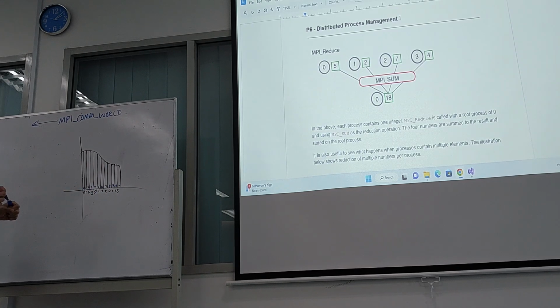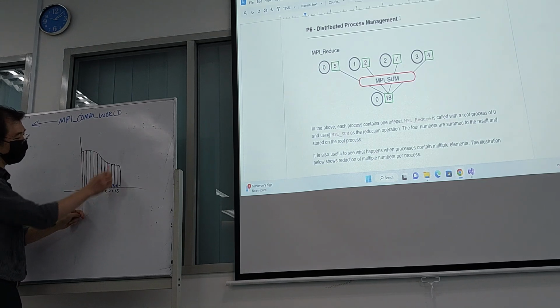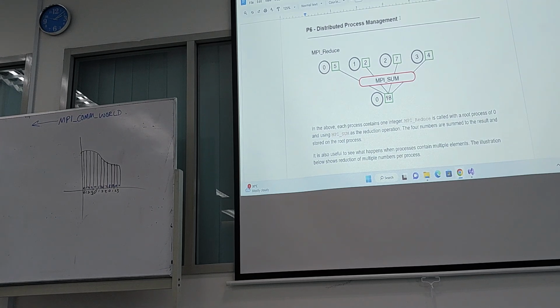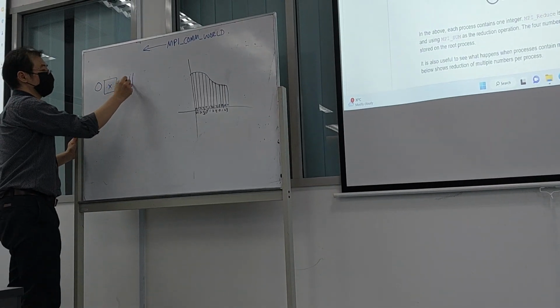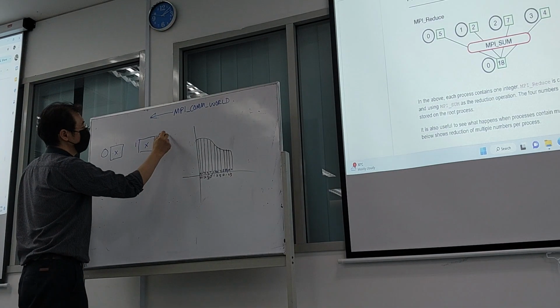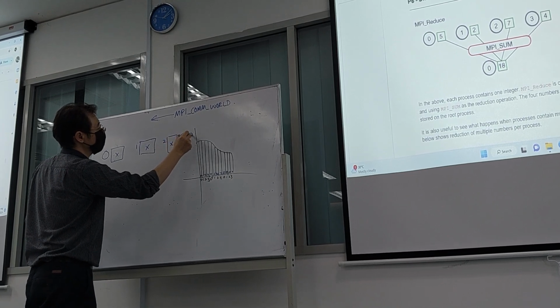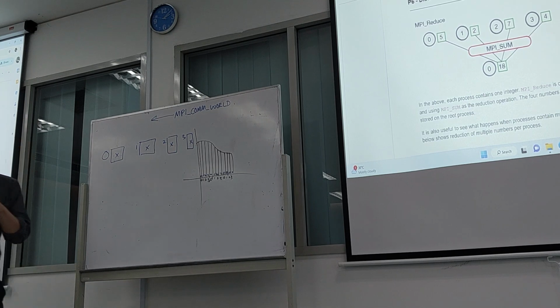It's going to be hard work because you have to compute this series, add this series, and this series, and they are long. Eventually, process 0 is going to find out its result. Process 1 is going to find out its own partial result. Process 2 is going to find out its own partial result. Process 3 is also going to find out its own partial result. So you've got 4 altogether, right?